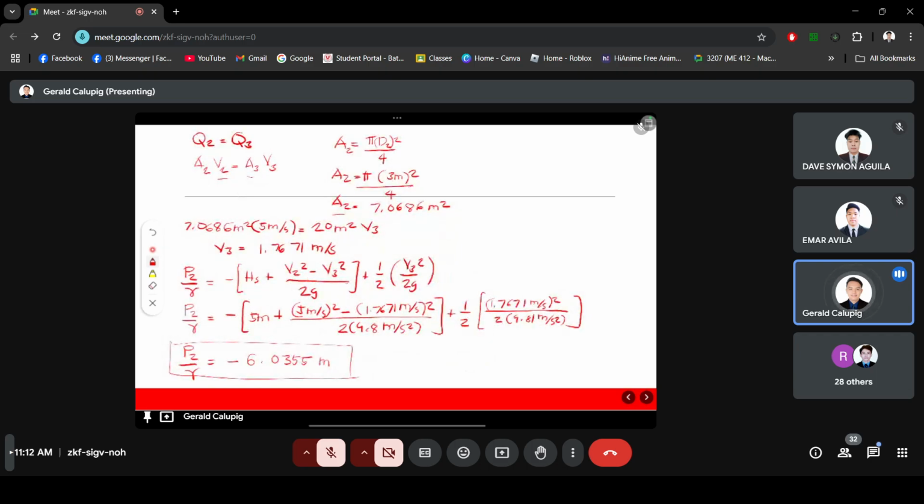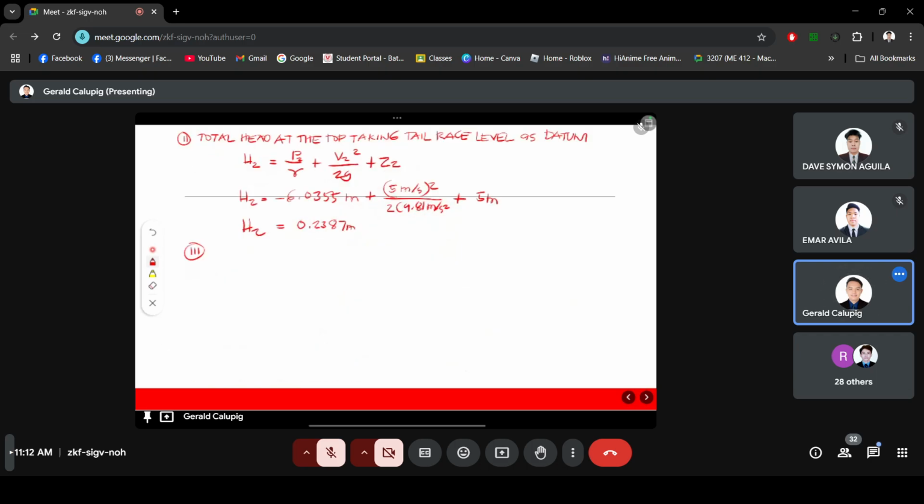So we have here power at the outlet of the runner. Okay, so we have the formula for the power is equal to what?